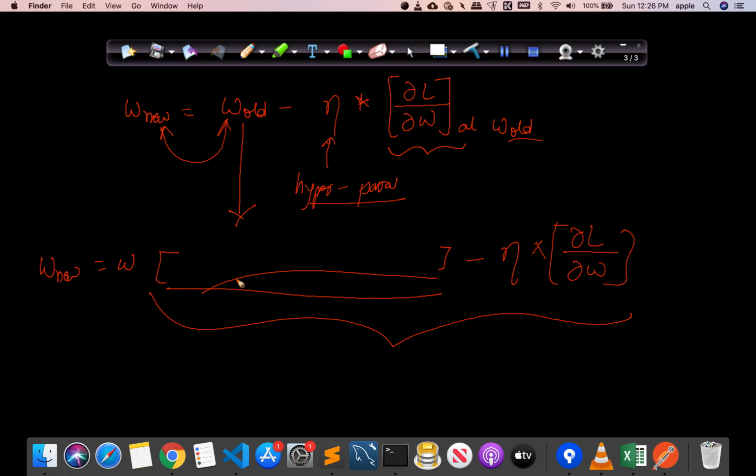This is w old and w new. We have to update the current w to get the new w. So the current w will be used as old w, and the weight vector that we will get will be treated as the new weight vector. So this is how we denote w old and w new.